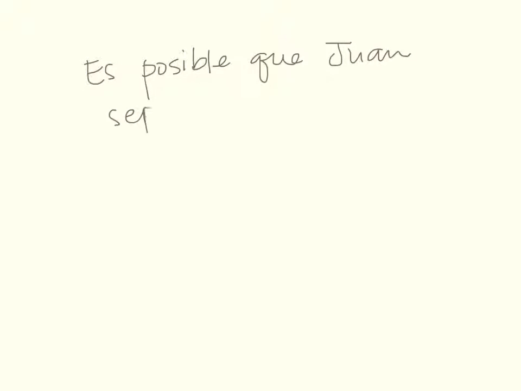For example, if I had something like es posible que Juan sepa la verdad, I need subjunctive right here as my second verb. I'm saying it is possible that Juan knows the truth.